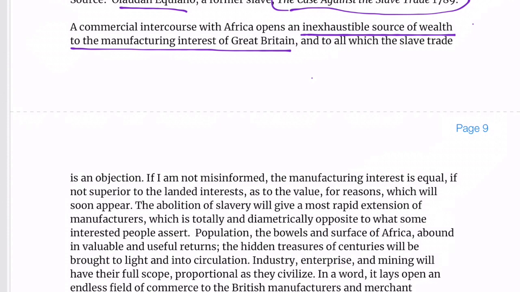Population, the bowels and the surface of Africa abound in valuable and useful returns. The hidden treasures of centuries will be brought to light and into circulation. Industry, enterprise, and mining will have their full scope, proportional as they civilize.